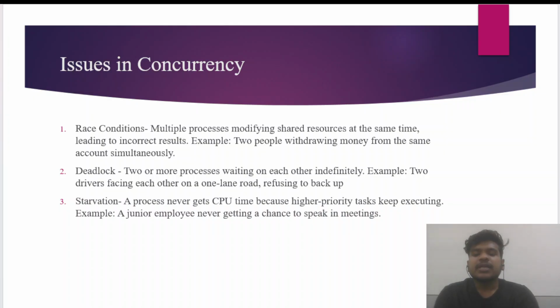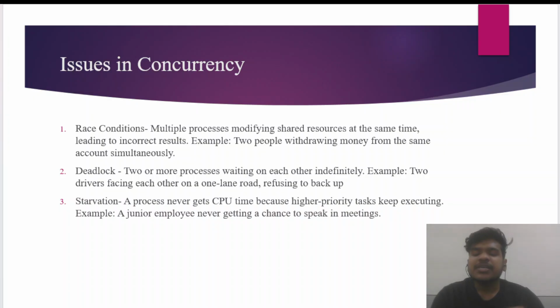For example, there are two drivers facing each other on a one lane road, both refusing to back up. They are both there at the same time, and none of them is ready to back up. So they will be in deadlock forever. Yeah, that is deadlock.